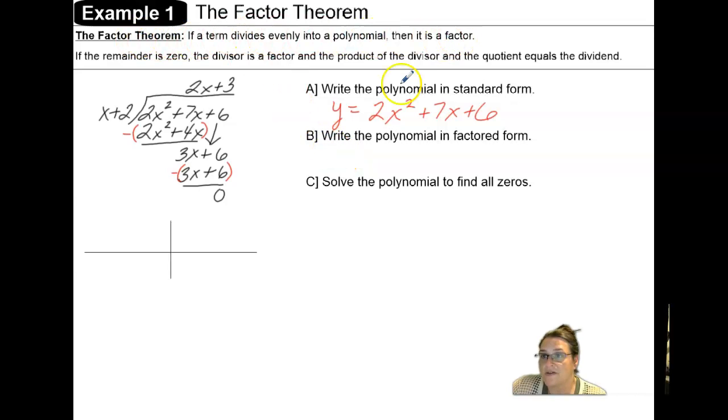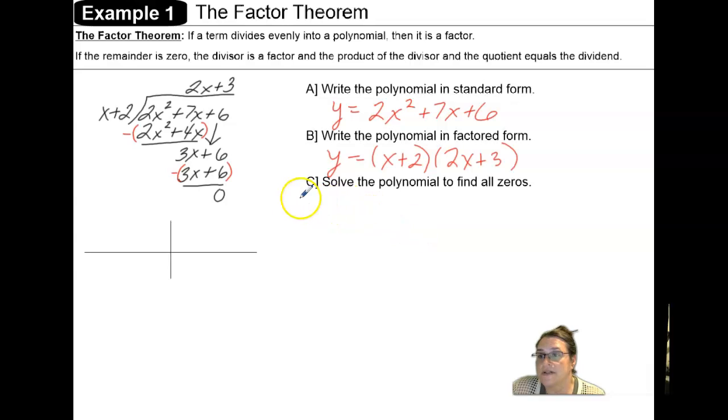So using the factor theorem, I know that x plus 2 was a factor, and the quotient is the other factor, 2x plus 3, right? So that product, the quotient times the divisor, is equal to the dividend when the remainder is 0.